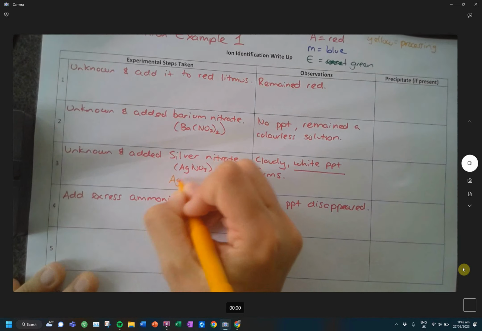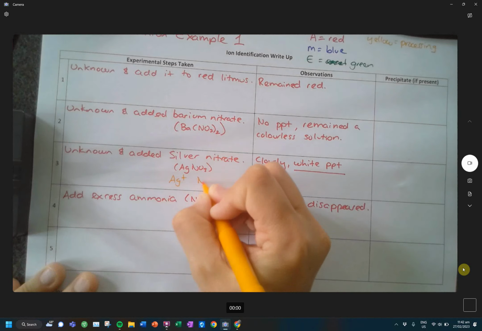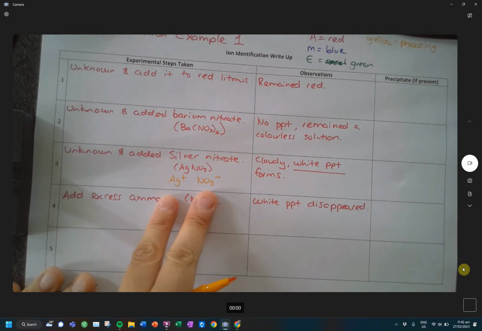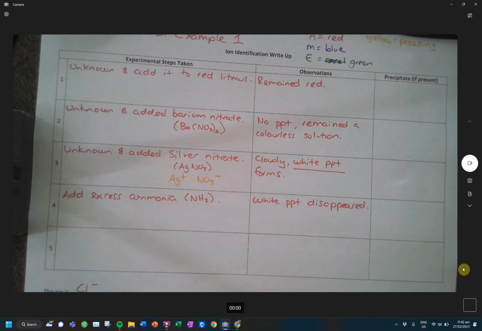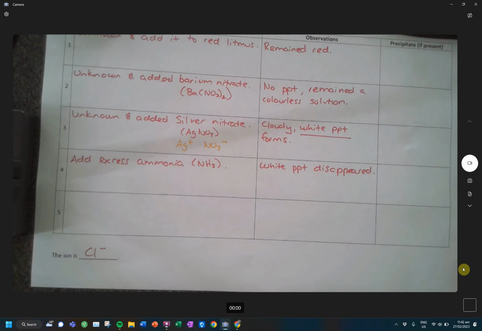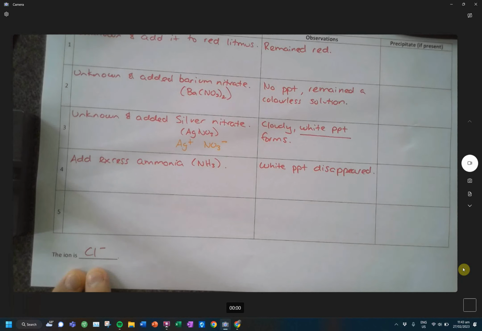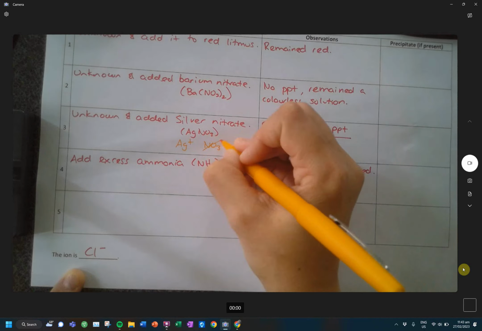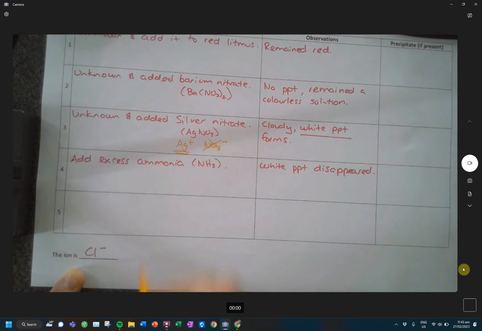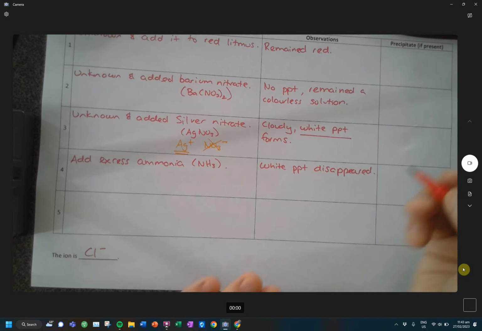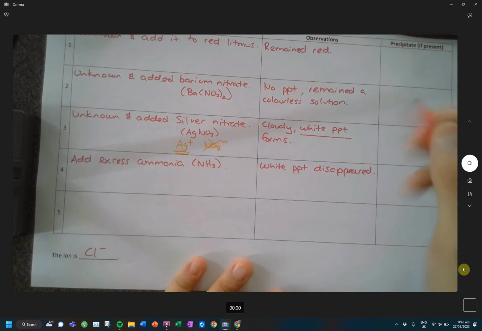We have Ag plus and we have NO3 minus as my two ions that are there. Whenever I form an ionic compound, I need a positive and a negative. Since I'm identifying the negatives, I can ignore the nitrate, and I know silver must be the important ion in that case. So when I go to identify it, I'm going to write down silver chloride. That's what has formed.